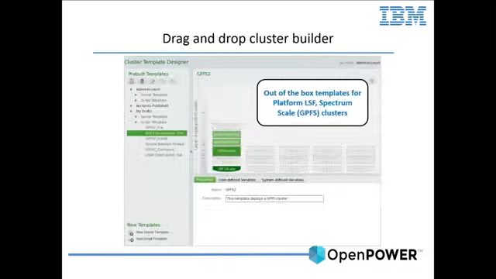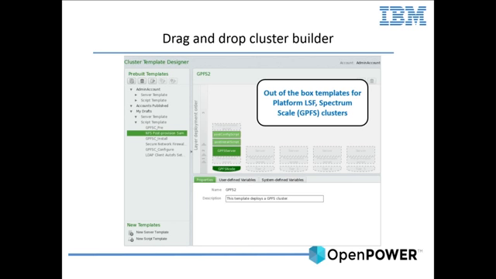This chart shows the cluster template designer. Just like I mentioned, we have lots of designed script templates on the left side of the GUI, and on the right side of the GUI, the user only needs to drag the script template to the right side.